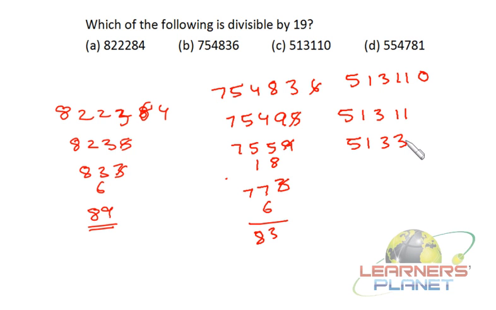Okay, then 3 twos are 6, so 513 plus 6, that is 519. Okay, then 9 twos are 18, so I'm just adding 18 over here. It's 9 and it is 6. Now 69 even is not a multiple of 19, so 51311 even will not be a multiple of 19. Okay, now let's check for the last option.